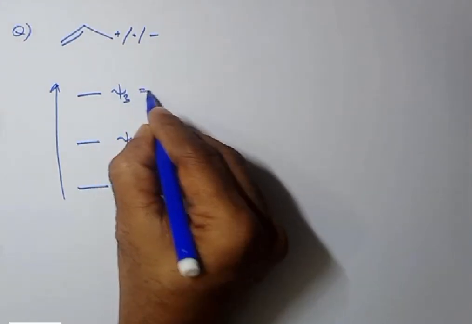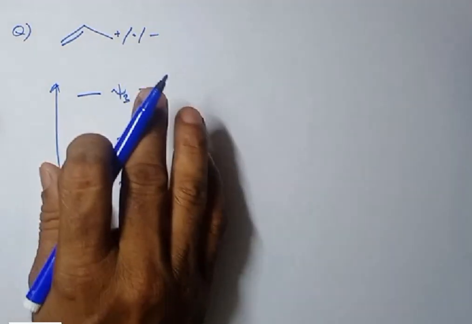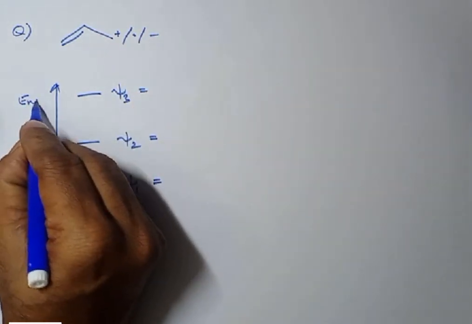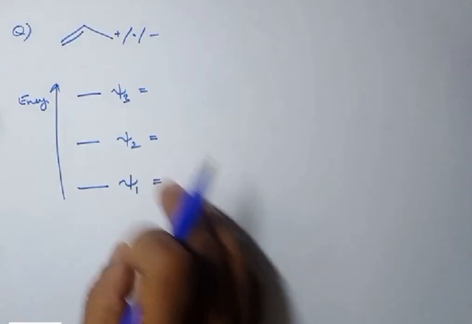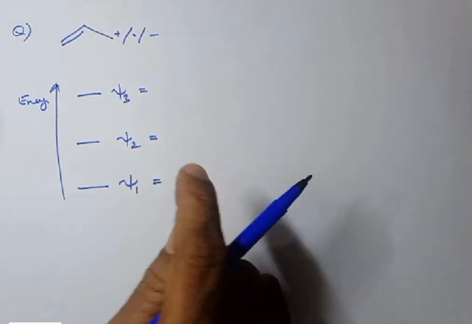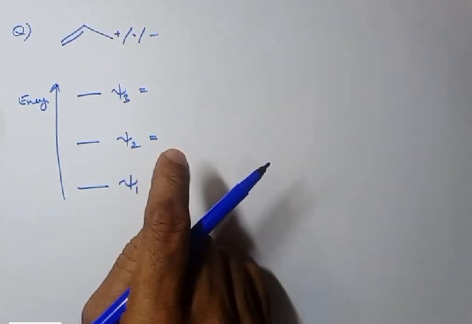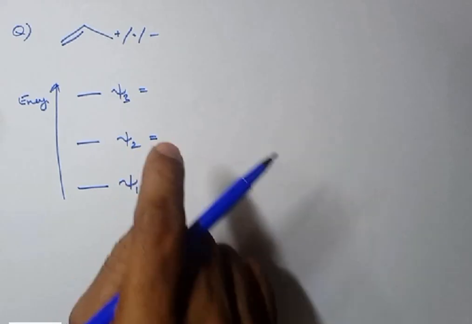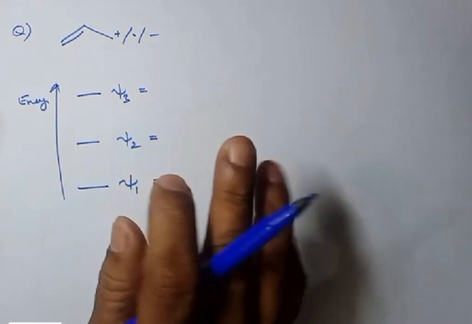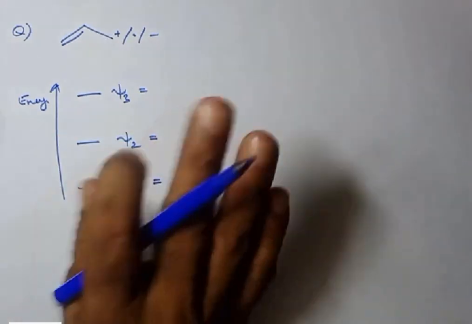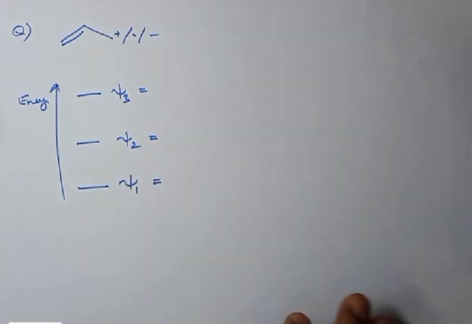Now I will leave it to you. You try to find out how the wave functions exist. Listen. You need not find the coefficients. You just write the coefficient as C1, C2, C3. Okay, yes, do it. Tell me.